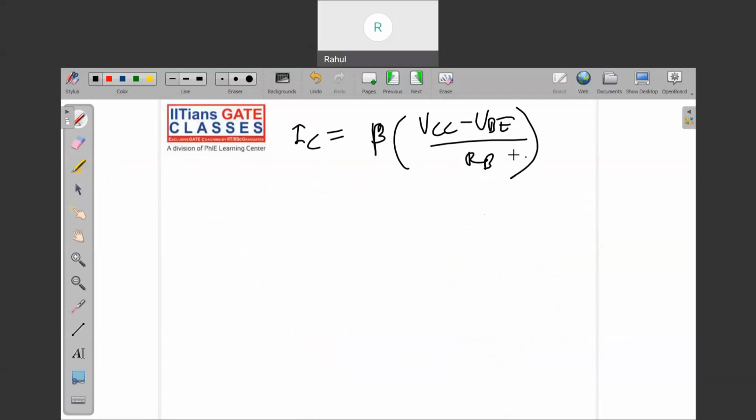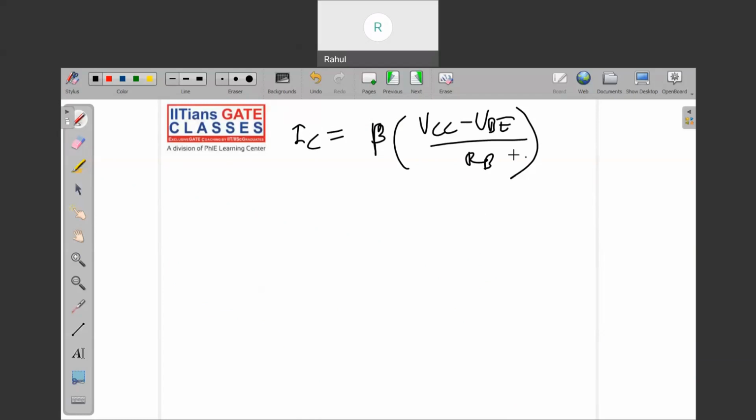Beta changes from, suppose, 50 to 250, for different specimens of the given transistor type. So you have to keep this in mind.